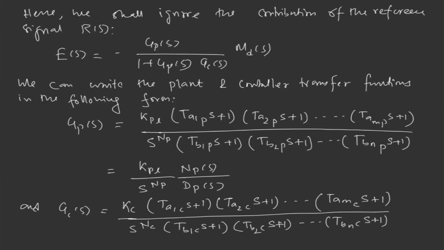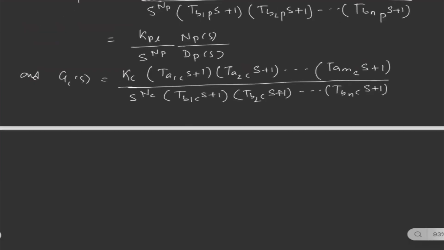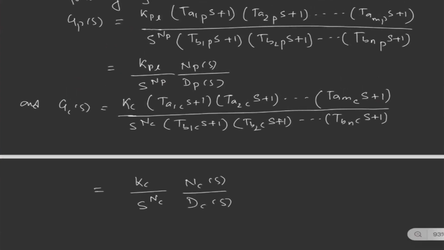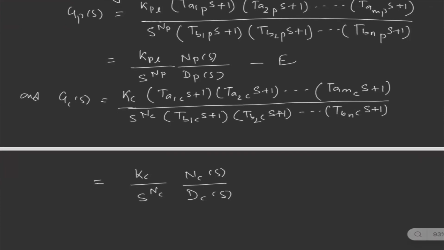And we can write this expression also in the following form, similar to the plant transfer function: Kc over s to the Nc, times Nc(s) over Dc(s). So this is equation number 1, and this is equation number 2.